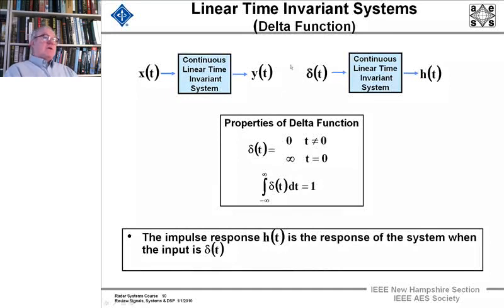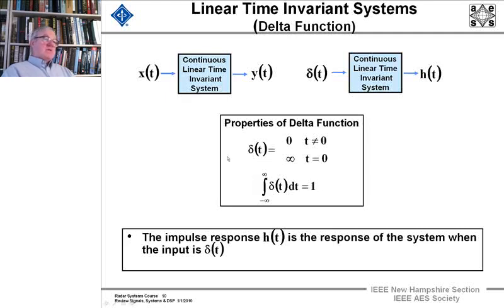Now let's look at the concept of a delta function. The properties of the delta function are that it is 0 for t not equal to 0, and it's infinite at time t equal to 0. And the integral of a delta function over all time is 1.